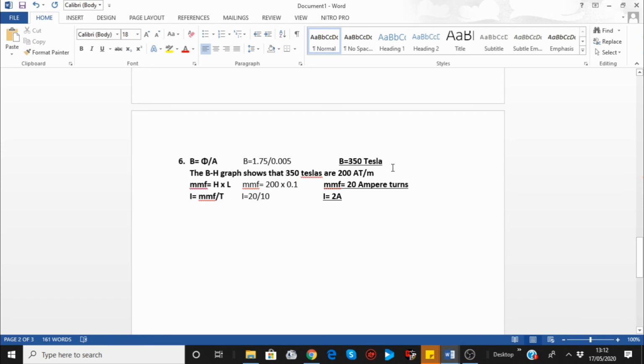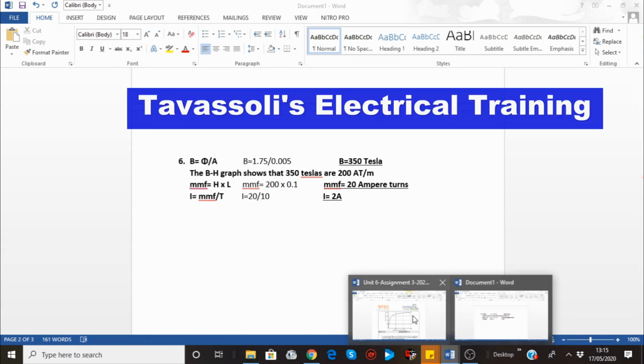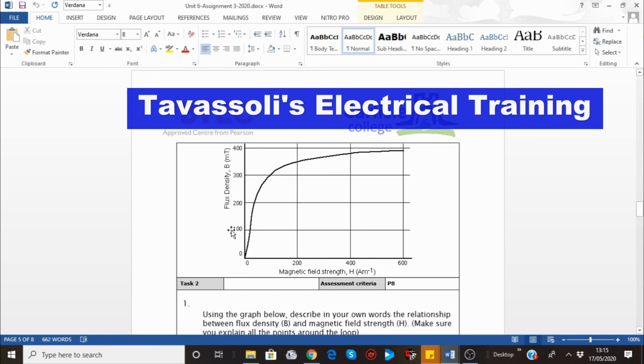350 Tesla. Now we have B, we can find H from the graph. So if B is 350, which is between 300 and 400, if you go across here, then you come down here, it is actually right bang on this, where the curve is just hitting this line.